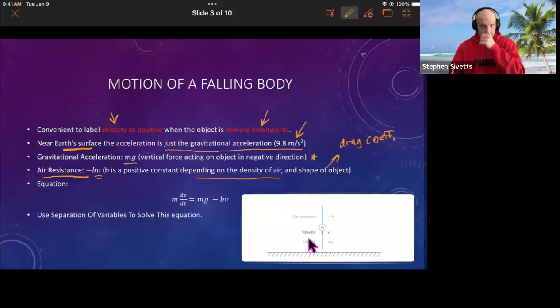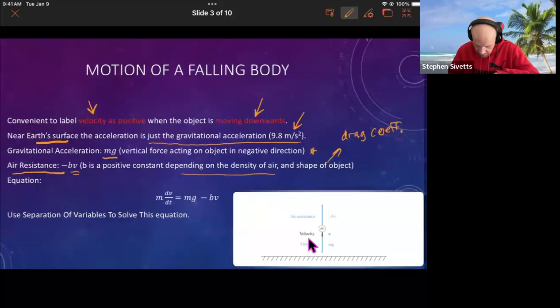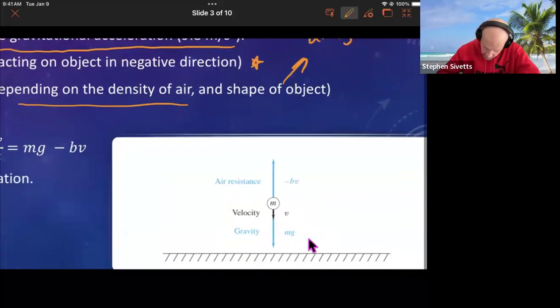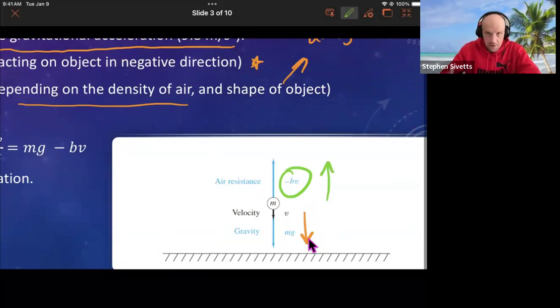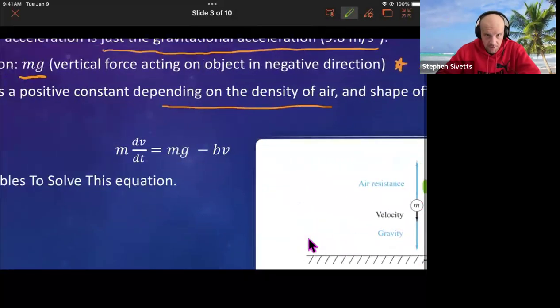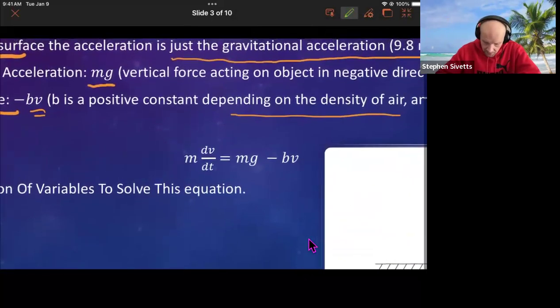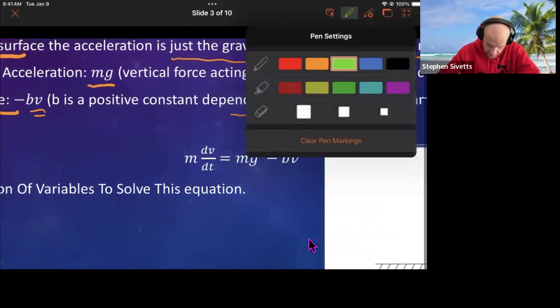With this motion, the gravitational acceleration is pulling down the object, while at the same time there is friction acting against the object, namely air resistance. So it's dragging upwards. Now the differential equation will become an equation that looks like this.